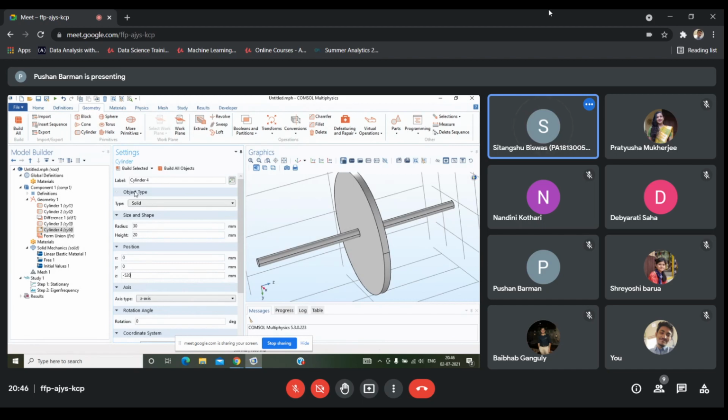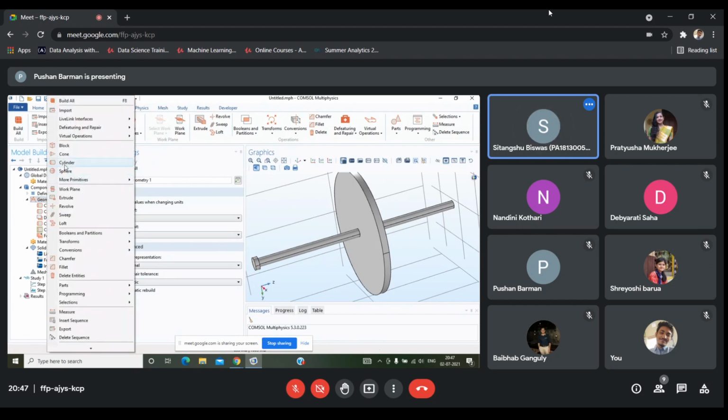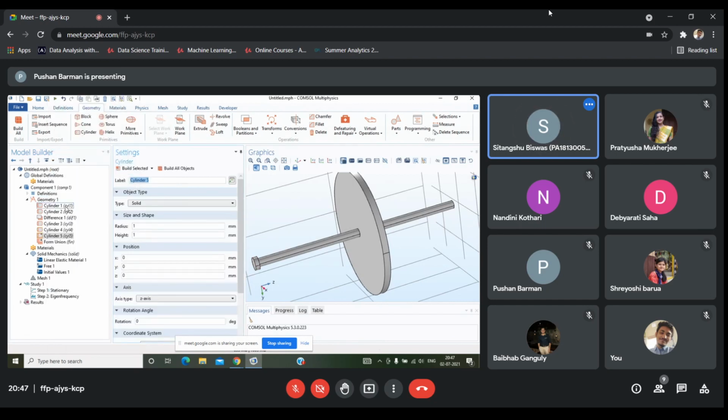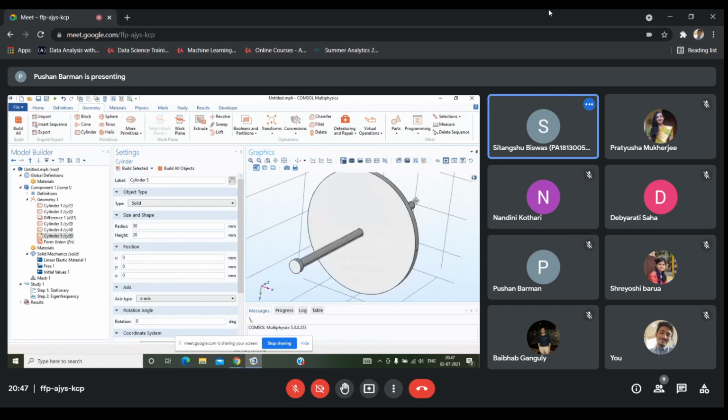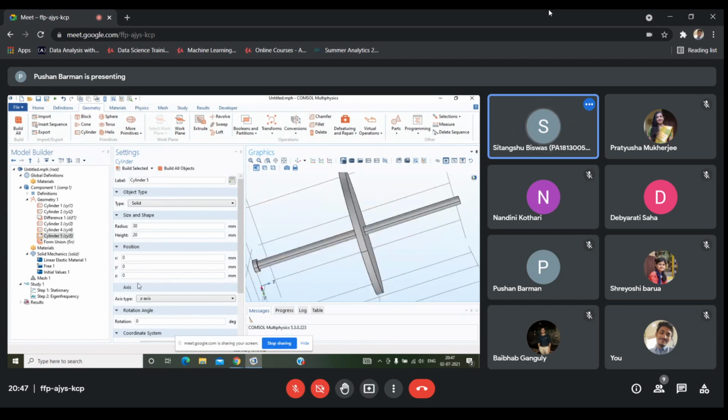Build it. Okay, like that another side you make. You put 500.